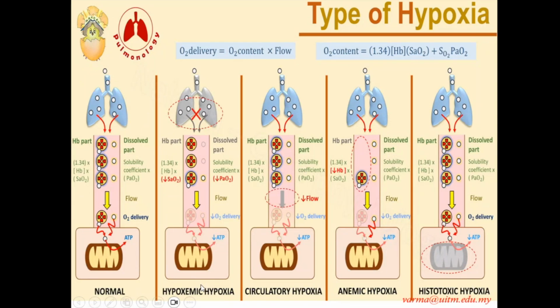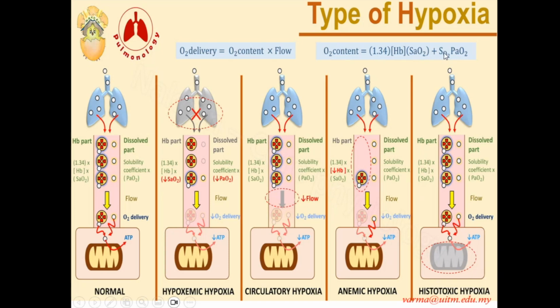So in hypoxemic hypoxia, the problem is in the PaO2. There are 5 different causes why a patient can develop hypoxemia. It could be any of them. Thus, the PaO2 is low. When the PaO2 is low, we know from the oxygen dissociation curve that SaO2 follows PaO2. Here, SaO2 is the saturation.